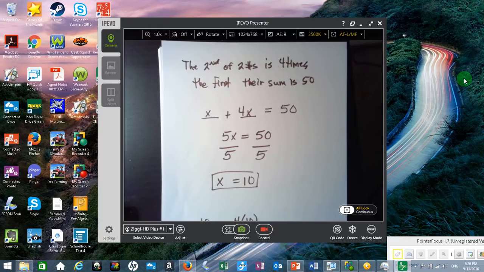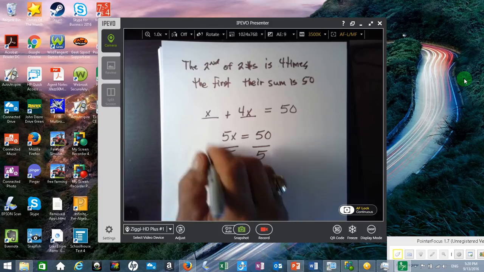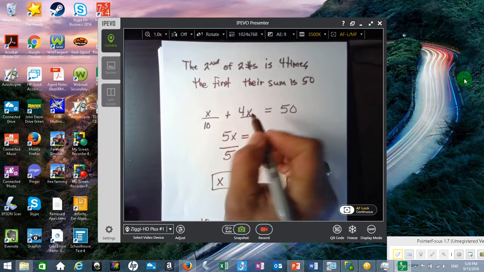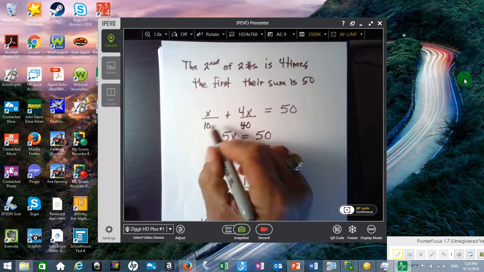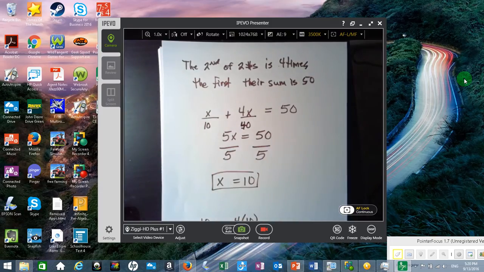Their sum is 50. x plus 4x is equal to 50. 5x is equal to 50, divided by 5, x is equal to 10. Then you back substitute: 4 times 10 is 40, and 40 plus 10 is 50. That was the first problem we did.